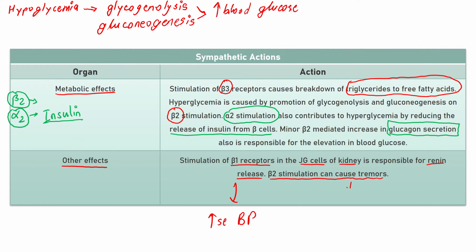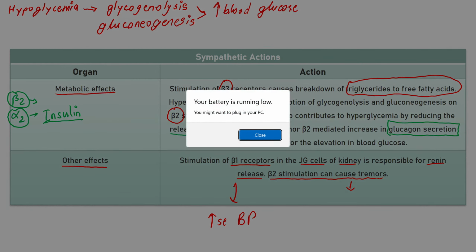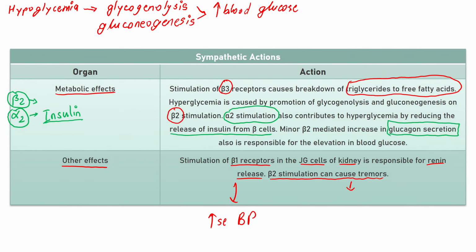Tremors are also caused to signal a hypoglycemic emergency, or whenever there is a fight or flight response, beta 2 will be activated and it will cause tremors. So these are all of the actions. So this was the sympathetic system.